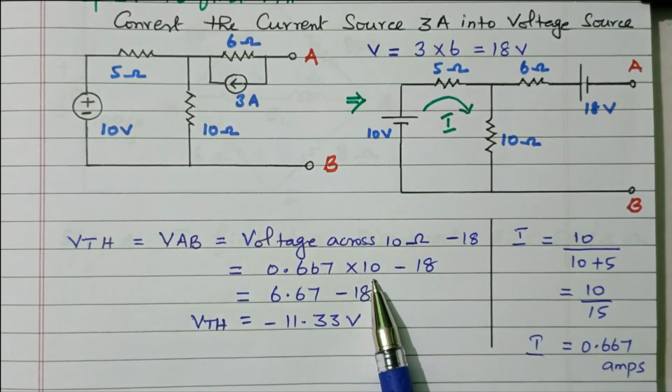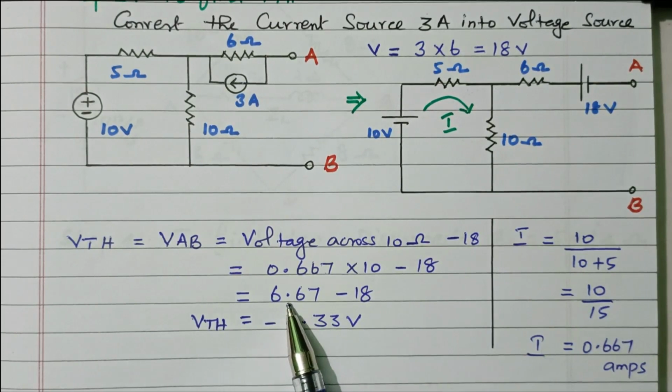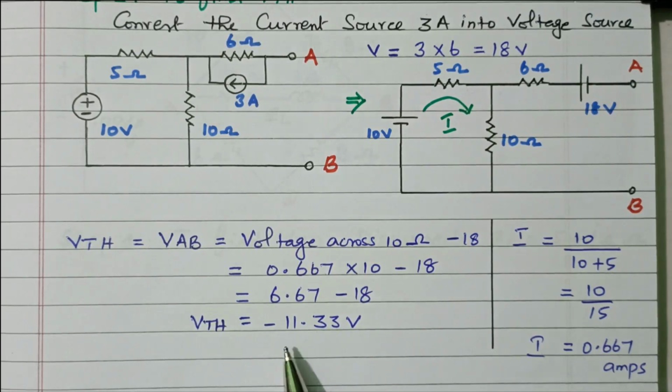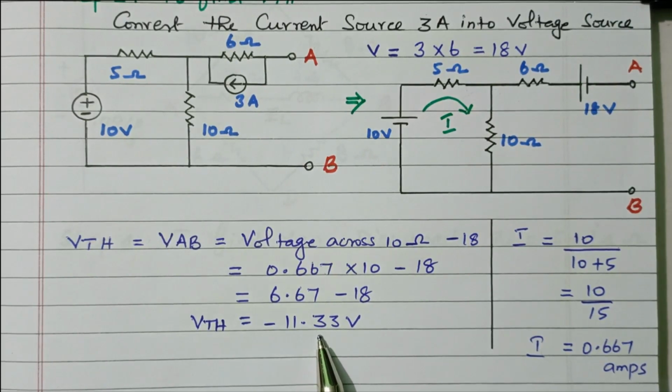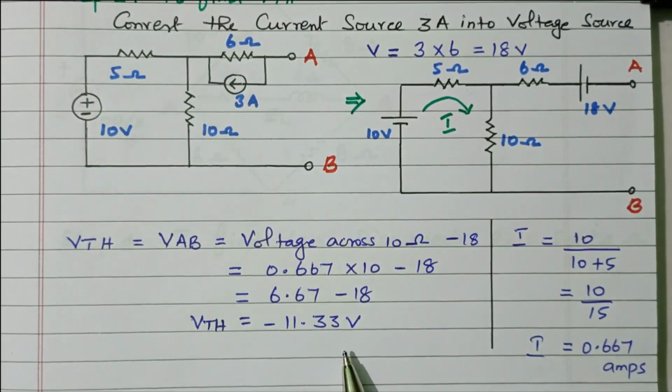The R value is 10. So 18 minus 6.67 is 11.33 volts. So the open circuit voltage VAB, or V Thevenin, is 11.33 volts. Now we will calculate the R Thevenin.